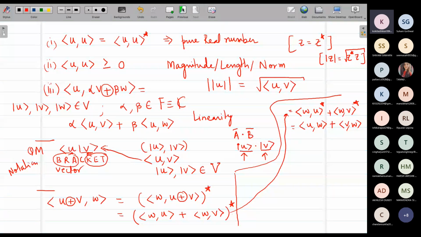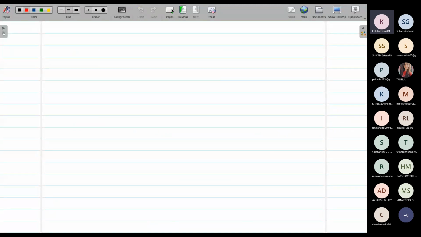What about with respect to scalar multiplication? Sir, I have a question here. Yeah, please go ahead. Sir, since you haven't defined any dual space for the current operation here, and the inner product space is using the properties of vector space we have defined before, do we need to use the proof you currently gave us, or can we just say that it doesn't matter if u plus v is on the left or right side, we can use the same property?